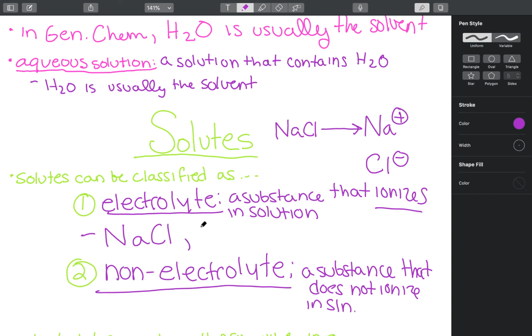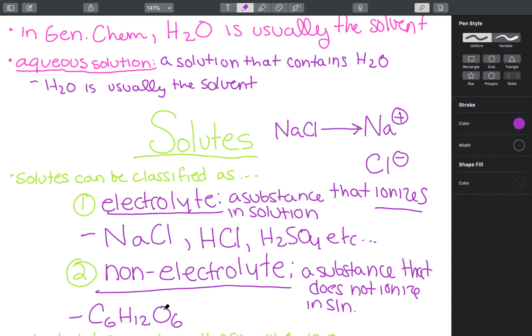Another one would be hydrochloric acid, sulfuric acid, etc. So electrolytes tend to be ionic compounds that are soluble in aqueous solutions, along with the 7 strong acids, which we will go over. And a non-electrolyte would be something like glucose. This would not carry an electric current and would not ionize in solution.